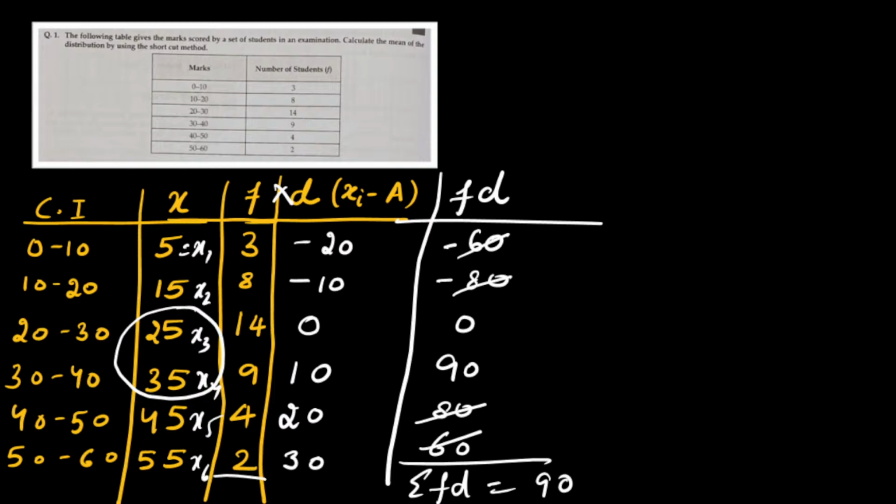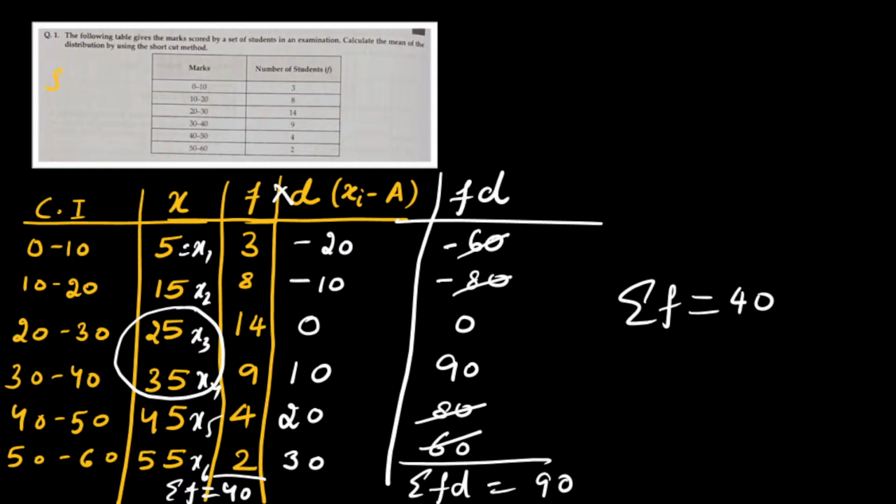So sigma F also you have to tell me, total of frequency. Just add all the frequencies and tell me what we will get. Yes, sum of F is 40. I hope it is visible. Now what's the formula of mean? This is shortcut method.